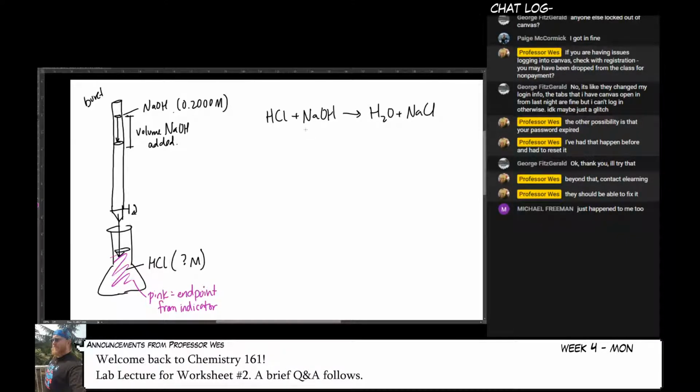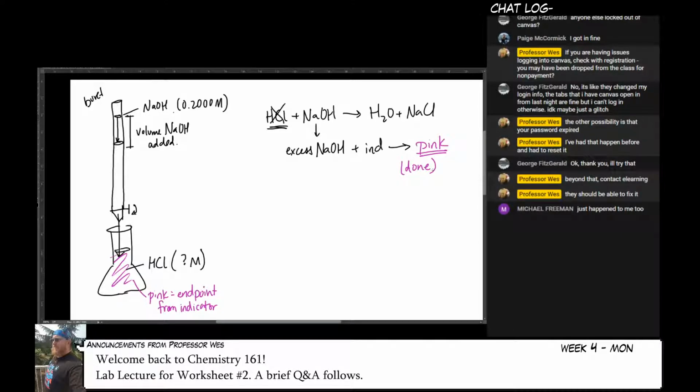And once I add sufficient NaOH to completely react with HCl, all of this is gone. If I add extra NaOH, it reacts with the indicator and produces pink, which means that the titration is done.